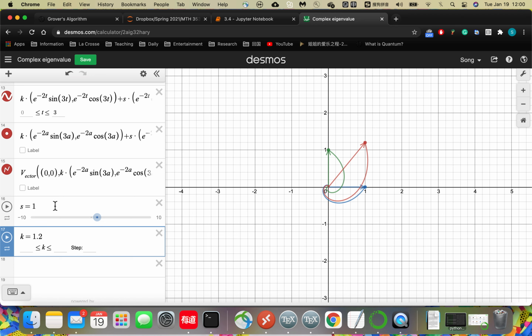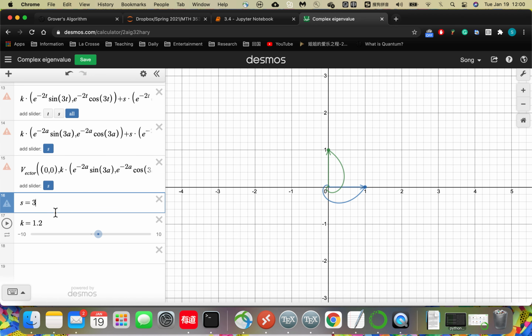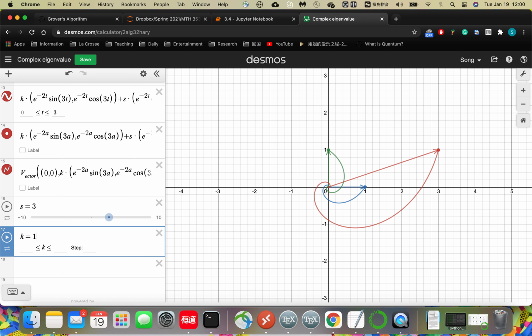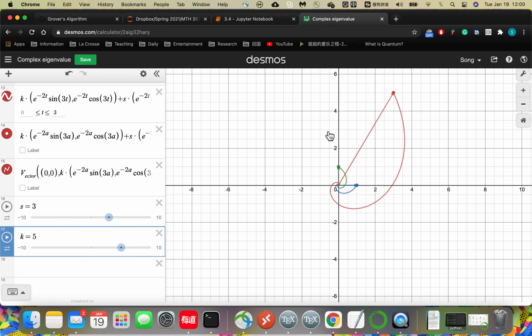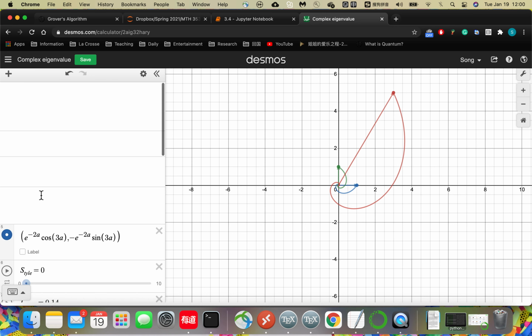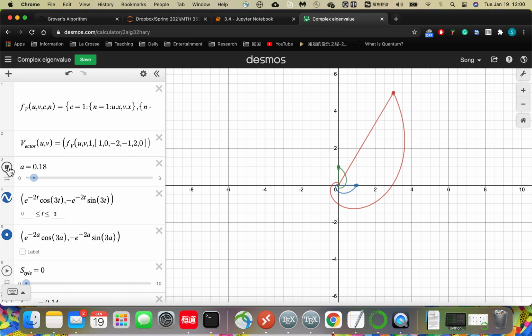Or we can take s equals 3, and your k becomes 5. From here, you can see no matter what, the linear combination of the green and blue basic solutions is going to be a spiral. And as they shrink, no matter what, the one on the spiral will also shrink because both parts shrink. Of course, the one in total will also shrink.